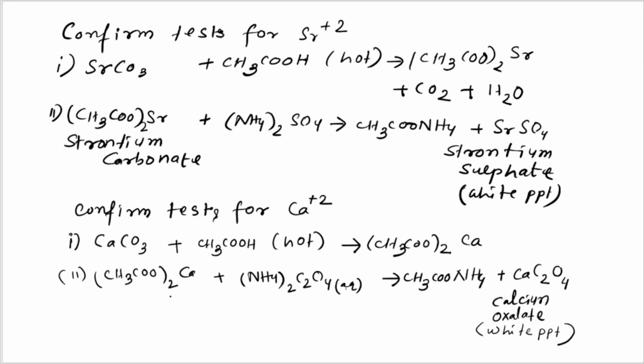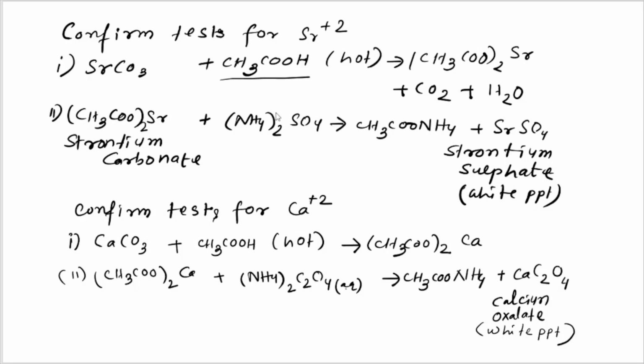And the confirmatory test of strontium: strontium carbonate reacts with acetic acid and gives a clear solution, which is strontium acetate. It is not strontium carbonate, it is strontium acetate.